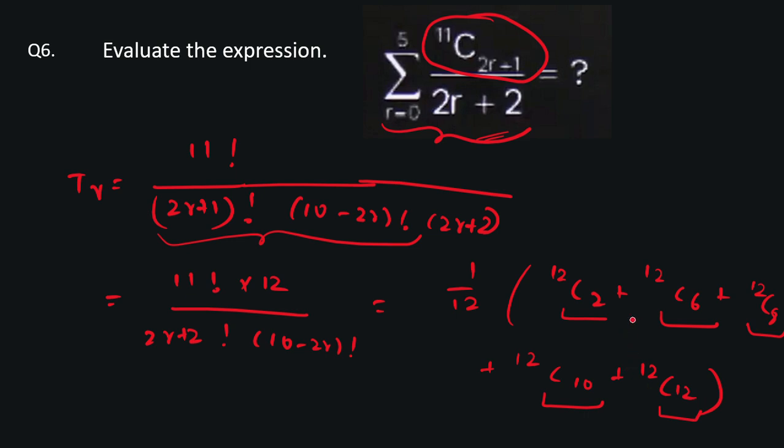And here there is a missing term, 12C4. So we are adding that, plus 12C4. Now, if we expand each and every value, we get 1 by 12 into 2048 minus 1, which is equal to 2047 by 12. So this is your final answer.